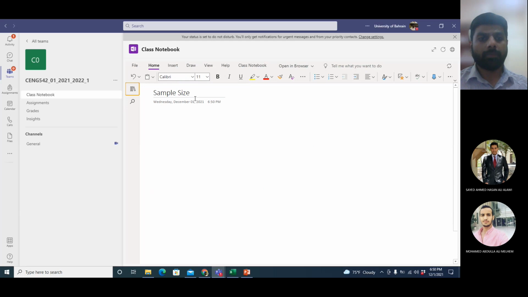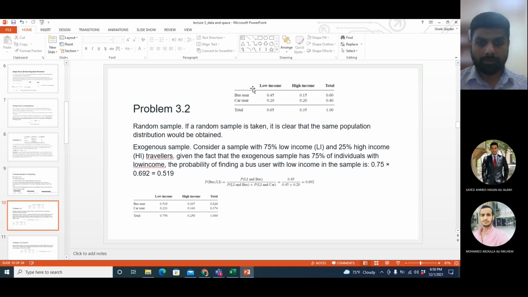Okay, so I need a table here. I'll do the calculation in a table. So I need 4 rows and 4 columns.